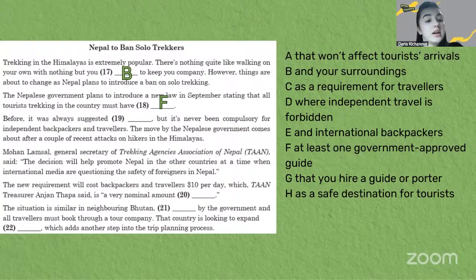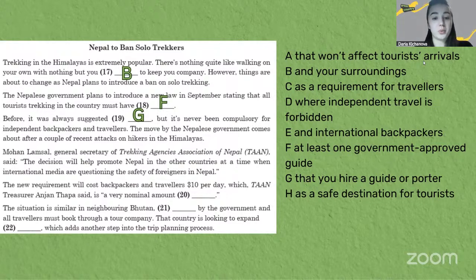Okay. The next we have 19. Before it was always suggested. Yeah, we had one government-approved guide. So it's logical that you hire a guide or porter, so the person who will guide you in trekking.